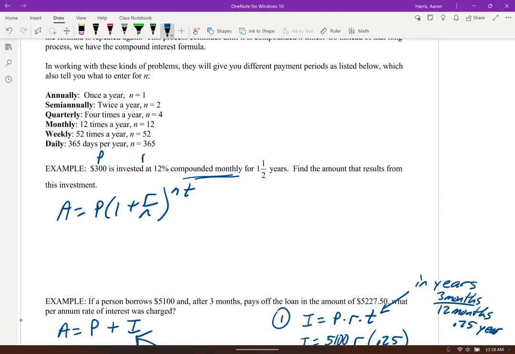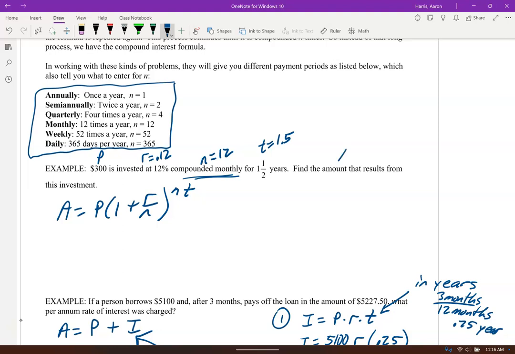Here's our interest rate, 12%, so 0.12. It's compounded monthly. What's the compoundings per year? It's 12 times per year because it's monthly, so our N is 12. And we're going to do this for 1.5 years, so T is 1.5.